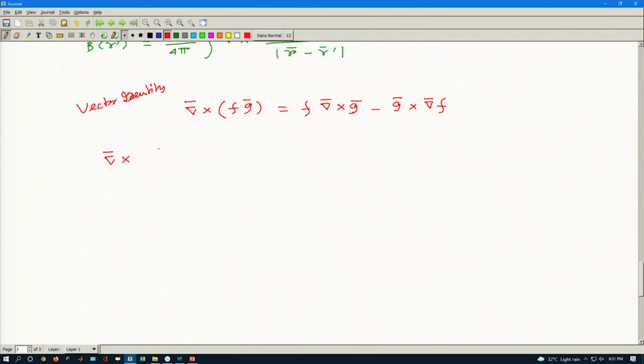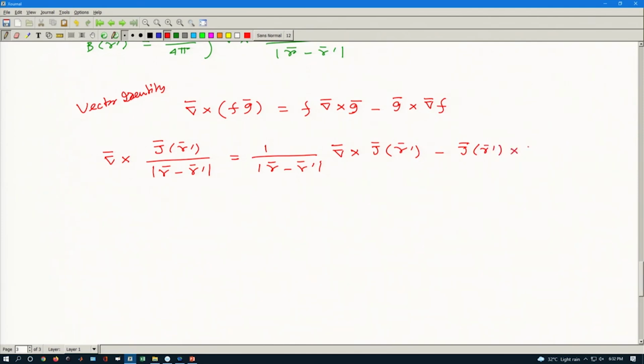Whatever I am doing here is operating over r, not r prime. So, I should write first this, f curl of j r prime, and then minus j r prime cross gradient of 1 divided by mod of r minus r prime.